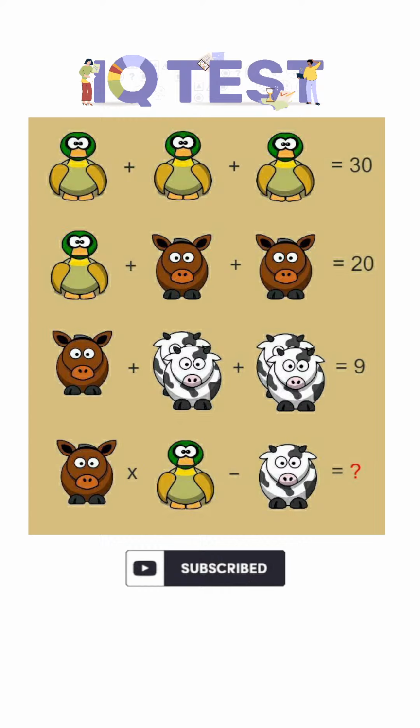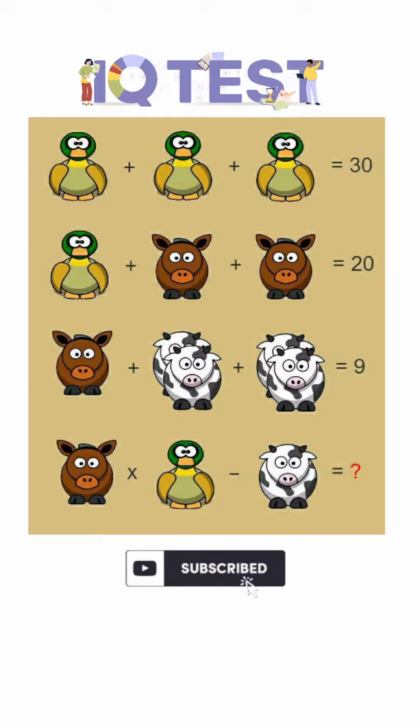So the spotted cows are two each, so that is a total of 4. So 1 spotted cow is 1. Do you get it? Yes, very good. So 1 spotted cow is 1.